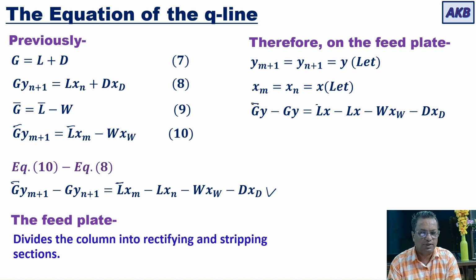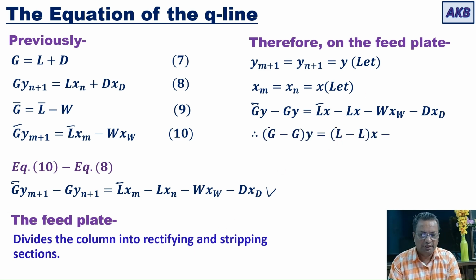Okay, so if you use that, this particular equation will now be transformed to this form: G bar into y minus G into y is equal to L bar into x minus L into x minus W into XW minus D into XD. So after using the assumption of equimolar overflow and vaporization, and knowing that on the feed plate the compositions will be denoted as x and y, you get this equation.